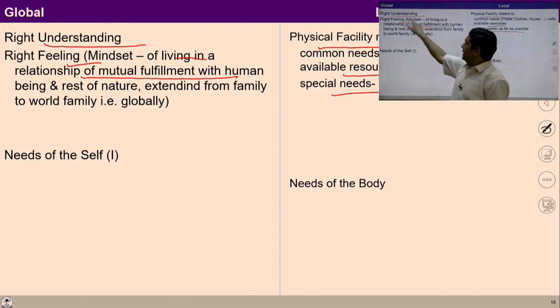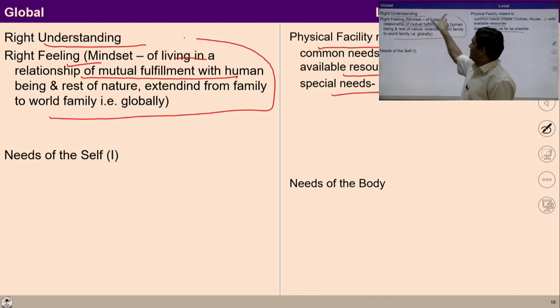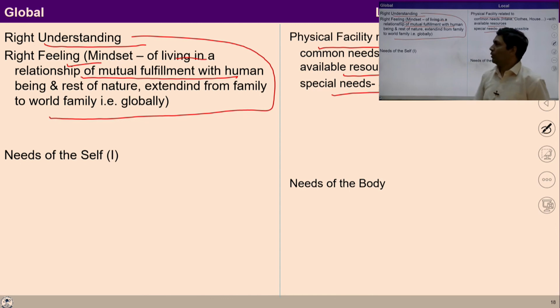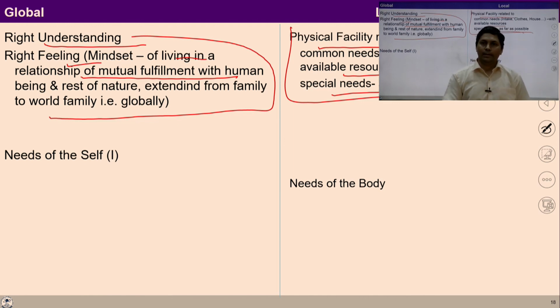If we ensure globalization of right understanding and right feeling, and localization of physical facilities, then most of the problems which we are facing in the present scenario can be minimized.